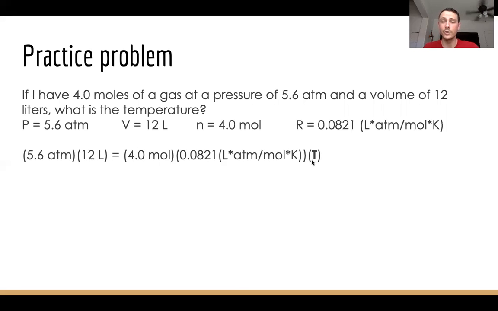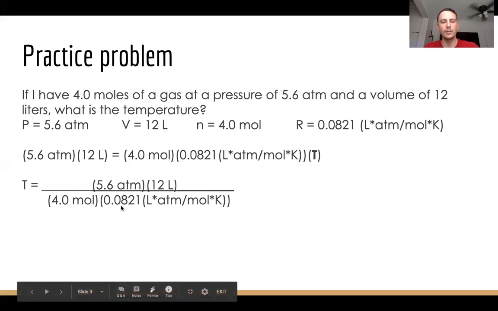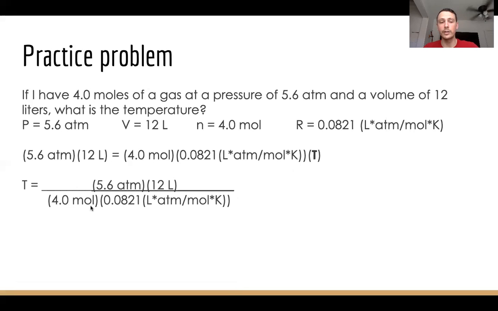Then, to solve for T, we would get rid of the two terms that are being multiplied to T. So we divide both sides by 4 moles and 0.0821 liters atmospheres over moles Kelvin. So we end up with the left side on top and the right side in our denominator here. Then you just plug it into your calculator. You do 5.6 times 12 divided by 4 divided by 0.0821.